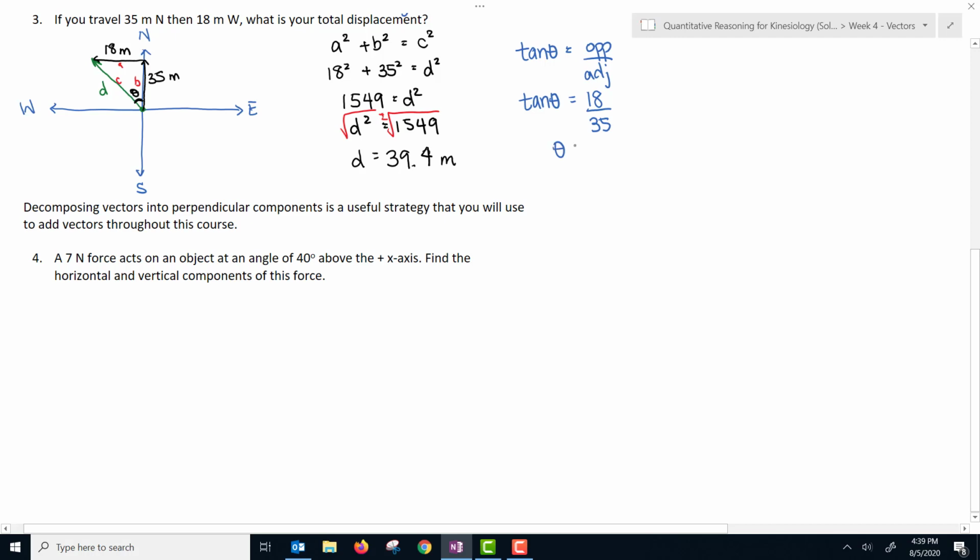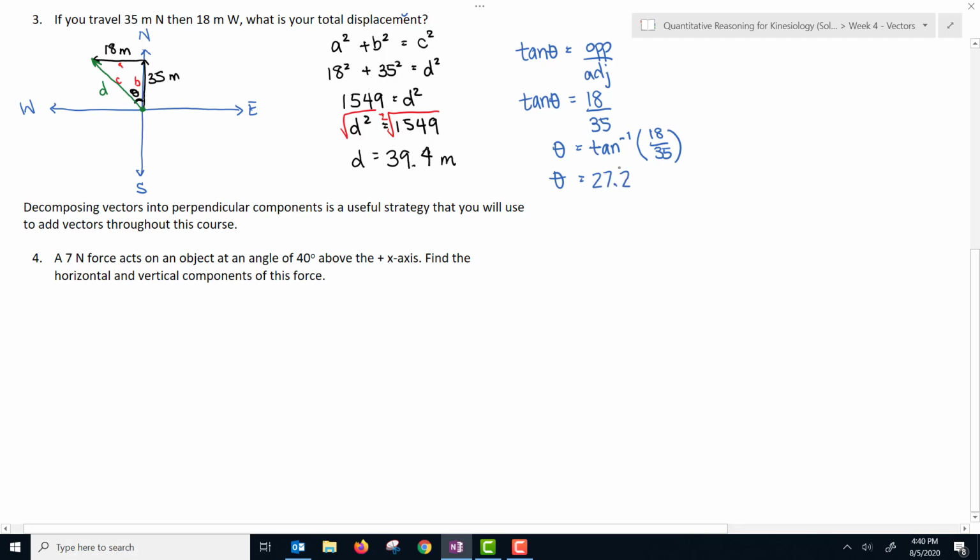And now to solve for theta, we need to bring the tan to the other side, and we do that using the tan inverse button. So now on my calculator, I'm going to type tan inverse of 18 over 35, and I get 27.21.